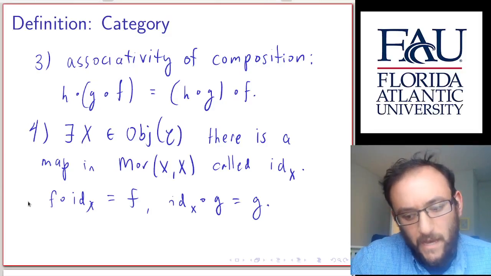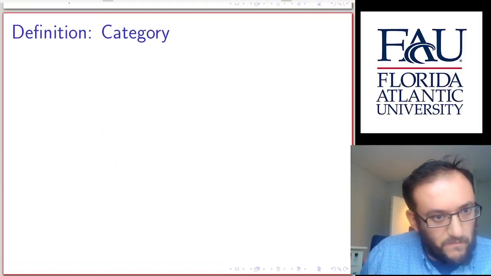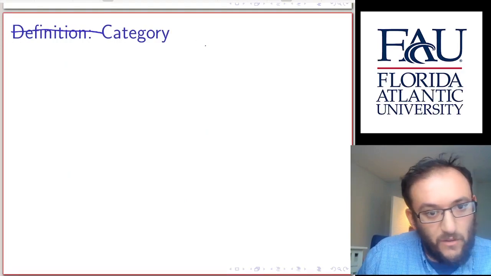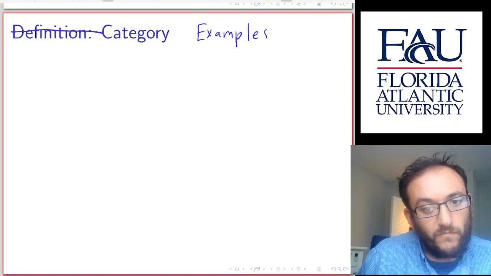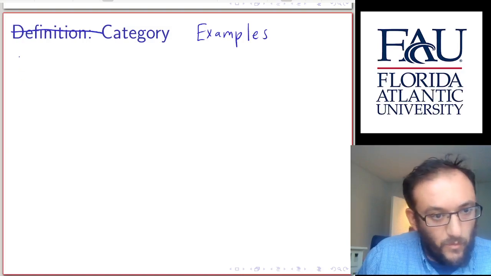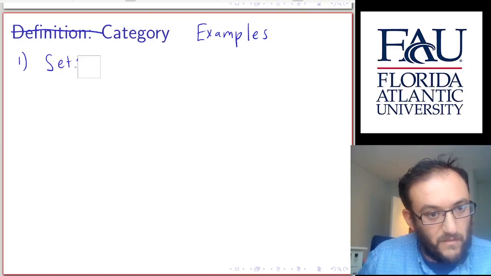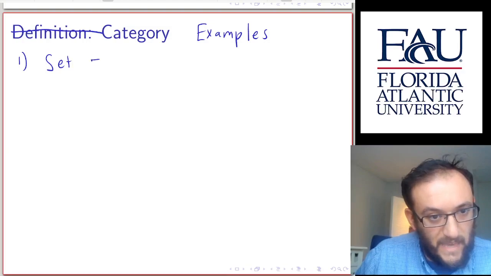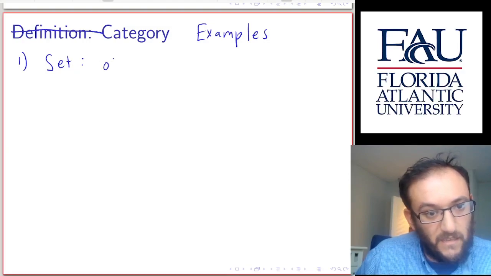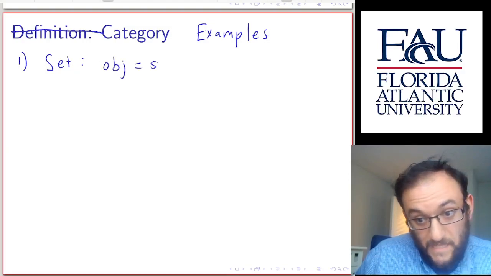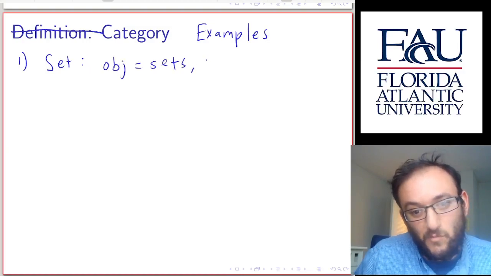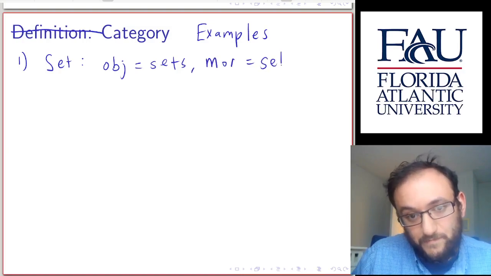Okay, and let's actually give a few examples of categories. So one example is sets. The category is usually called Set. And this has objects given by sets, and it has morphisms given by set maps.